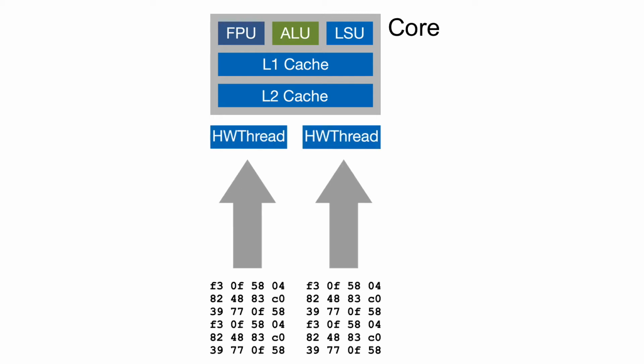There are modern core designs which offer two or more hardware threads simultaneously and can execute multiple instruction streams at the same time. Of course, most of the core resources are still shared. This is done to increase the average utilization of execution resources within a core.